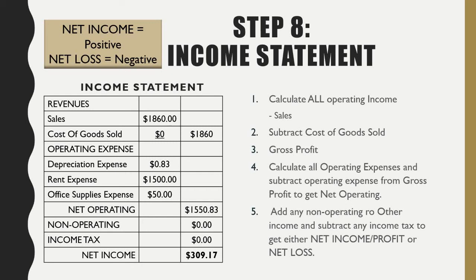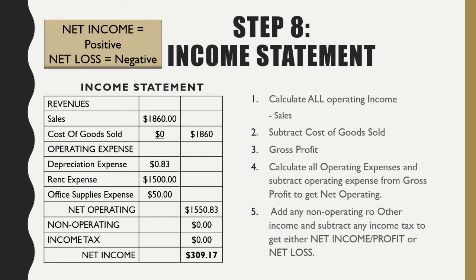Once we've plugged in all of those extra numbers in there, that's where we're going to get a final number, which is going to determine whether you have a net profit or a net loss. Okay. If you have a positive number, you have a net profit. If you have a negative number, you have a loss.